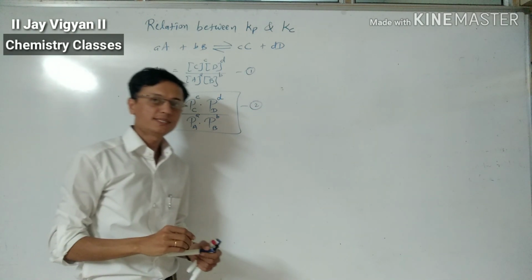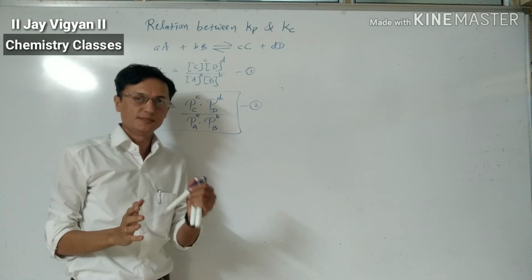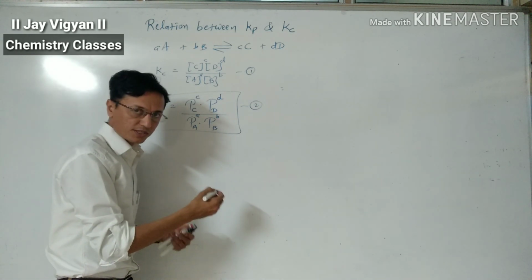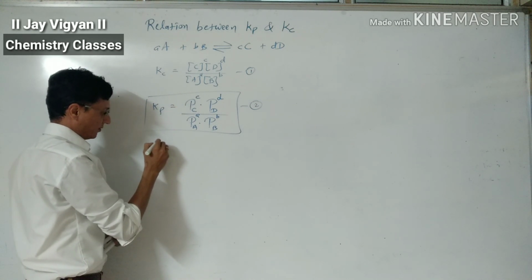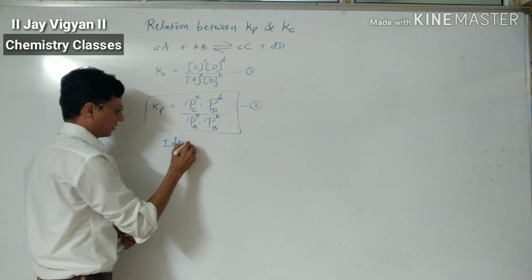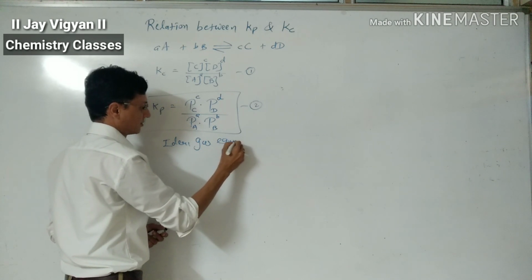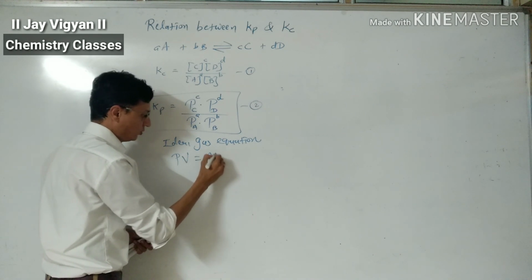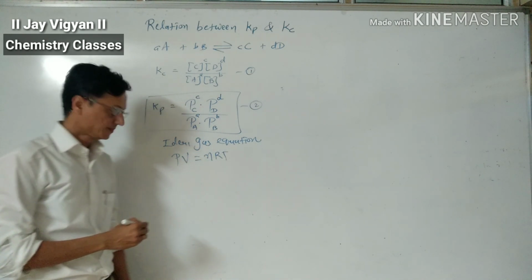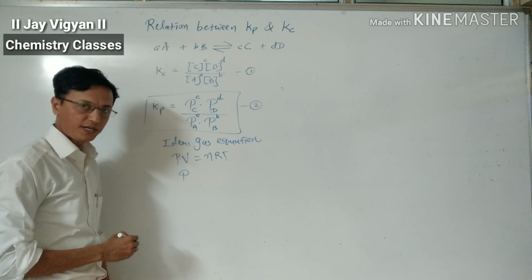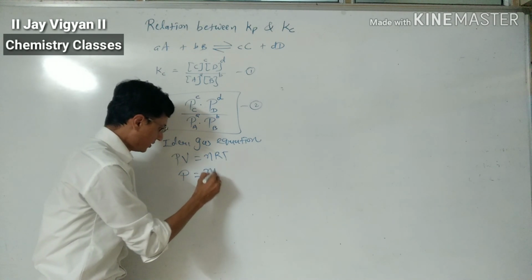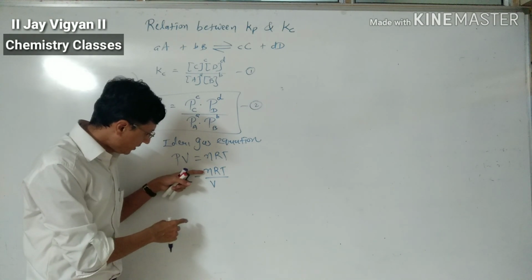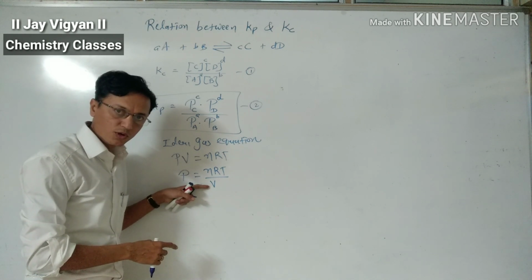Now we are going to establish the relation between Kp and Kc. So we will use the ideal gas equation. According to the ideal gas equation, PV is equal to nRT. So if we make P the subject, P is equal to nRT upon V. Now we know that n means moles and V means volume.